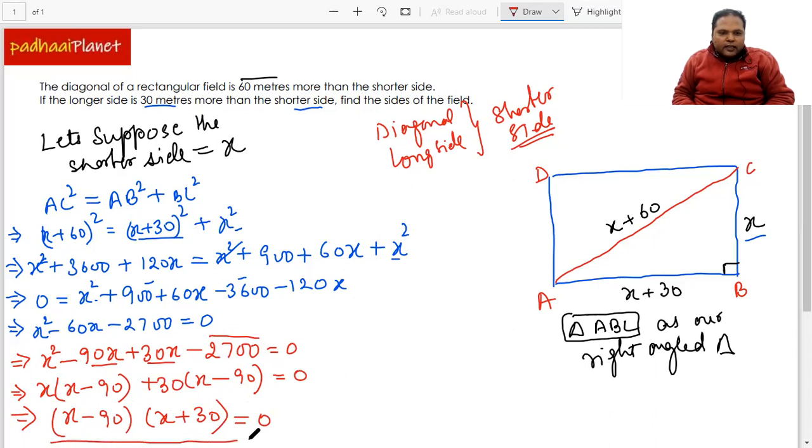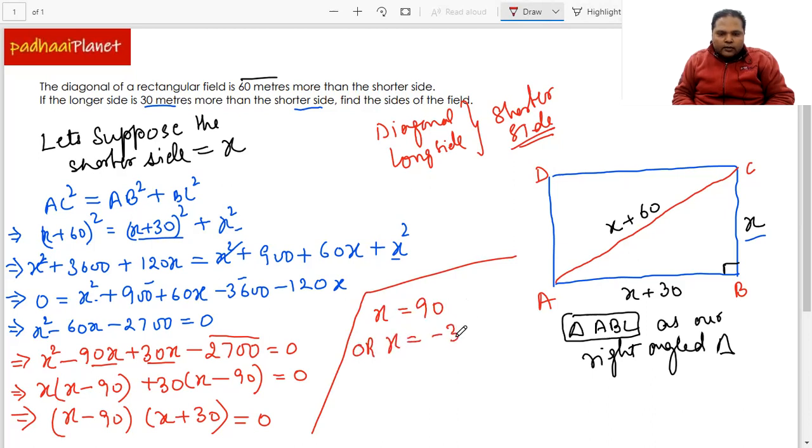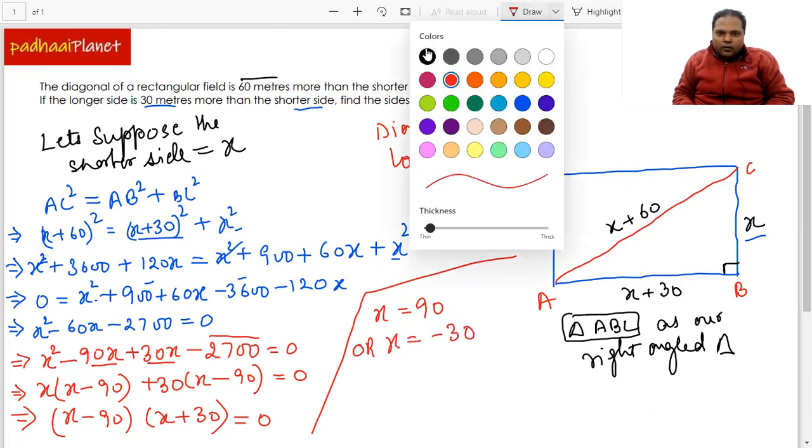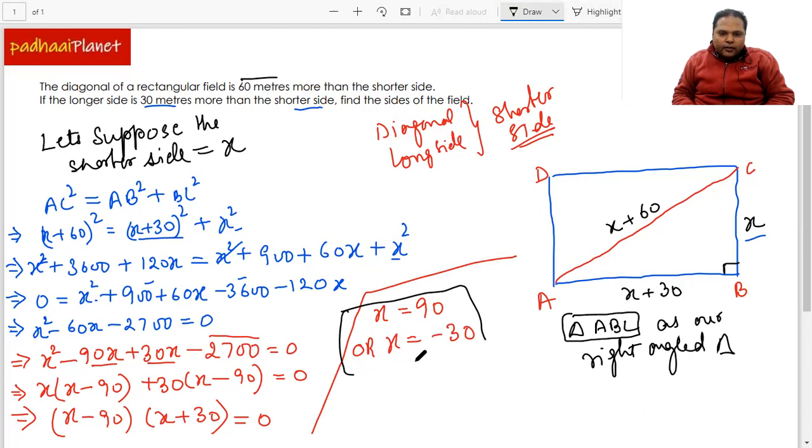Now we have these as factors, and if we look carefully, we get two values of x: either x is equal to 90 or x is equal to minus 30. Now we are talking about the length of a field, and x is a length of the field, so x cannot be negative.